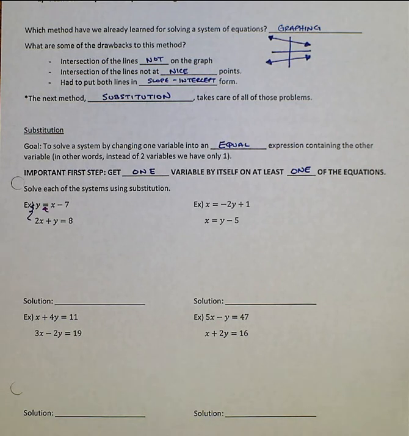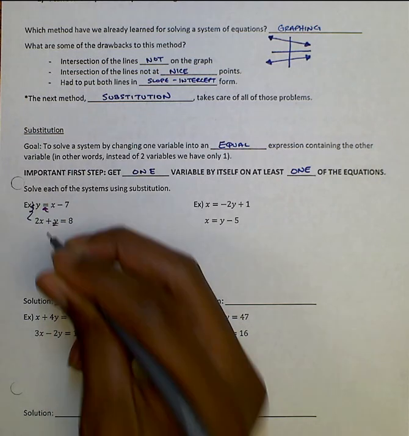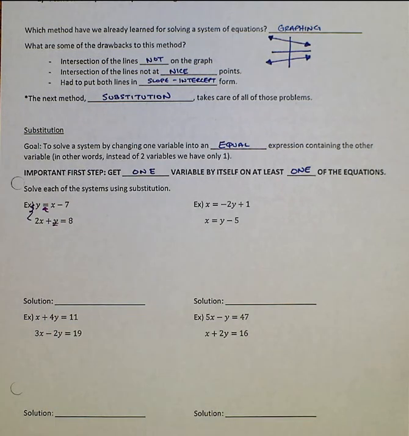In this next equation, instead of writing y, we need to find a way that we can solve this equation and not have to write y. And this is where substitution comes into play.